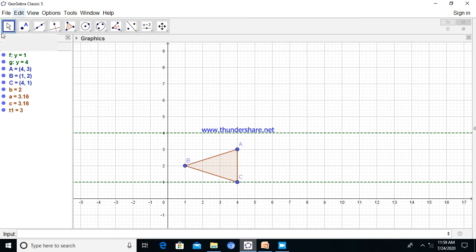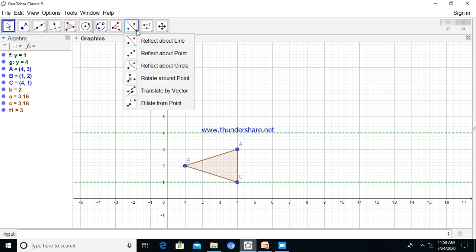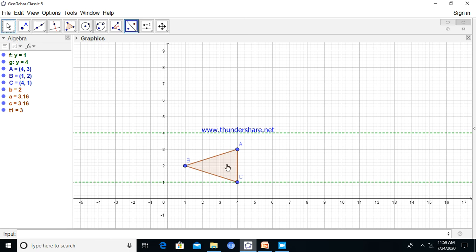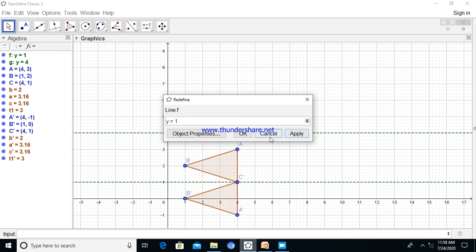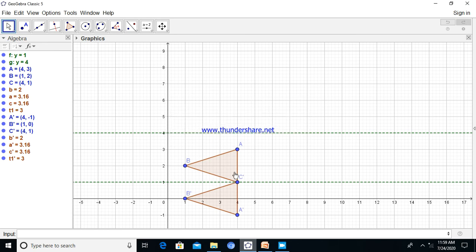Now by using this GeoGebra app, I will form the image under this. This is the formation of image.